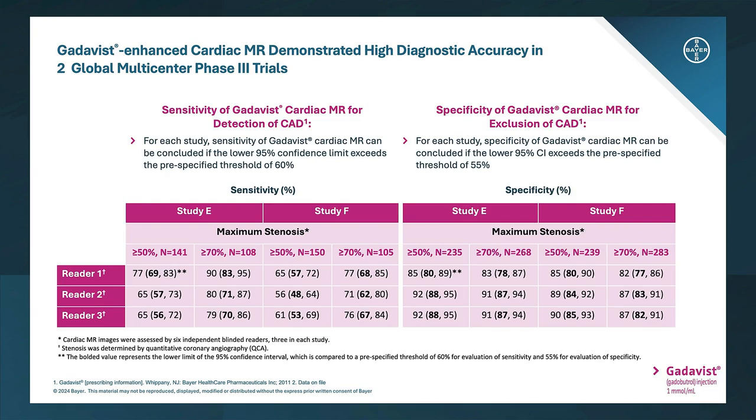Reader detection of coronary artery disease depended on visually detecting defective perfusion or scar on Gadavist cardiac MRI, including stress, rest and LGE imaging. Quantitative coronary angiography, or QCA, was used to measure intraluminal narrowing and served as the standard of reference.